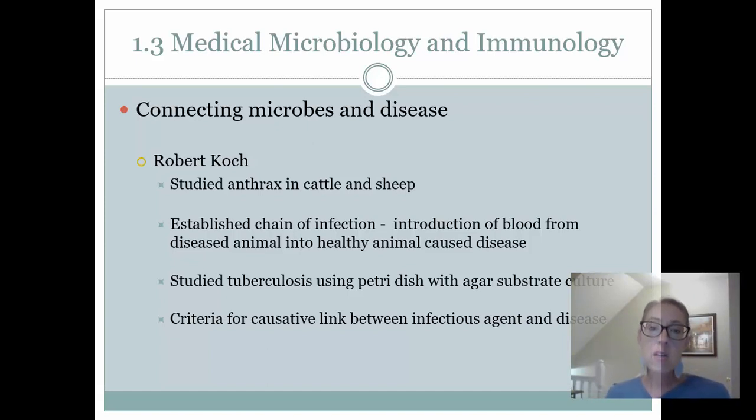Robert Koch is another key player in the story of medical microbiology. He was studying cutaneous anthrax in livestock, primarily sheep and cattle. Bacillus anthracis is one of our spore-forming species, although that doesn't have anything to do with this particular instance.